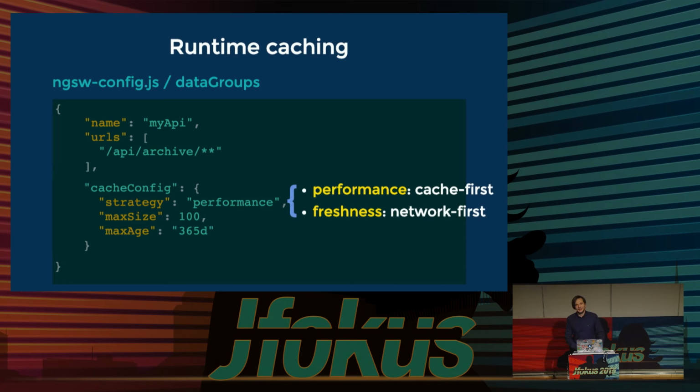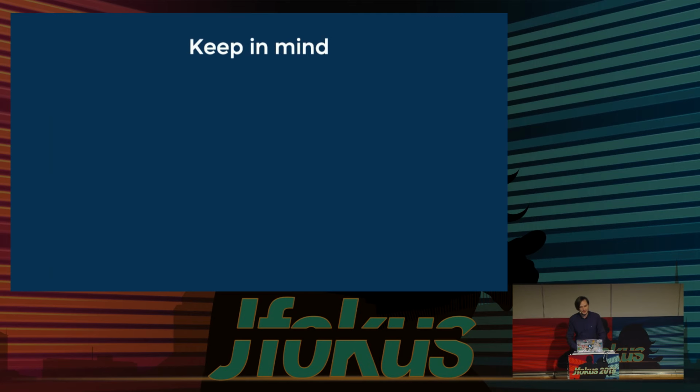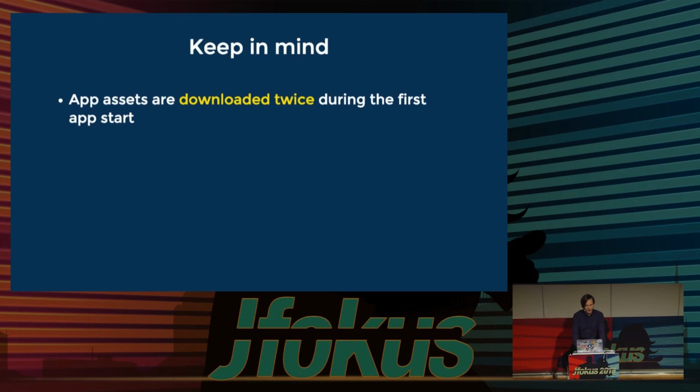Looks interesting and simple, but there are always pros and cons. So there are some important things we have to keep in mind if we go for PWA, with Angular or with Angular and Workbox or any other frameworks. These are just generic notices about how PWA works in general. After all, you will ask the browser to download the assets of your application shell twice.